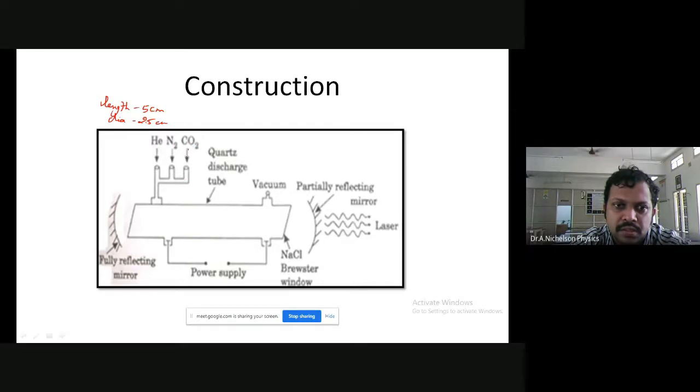So there is a mixture of these three gases that you have to put into this provision.